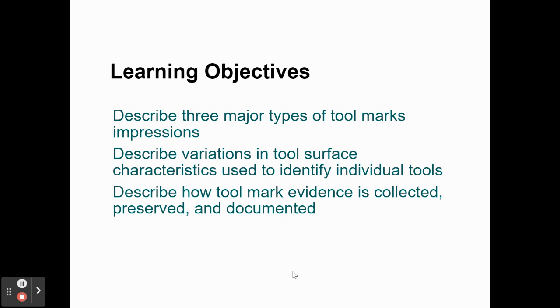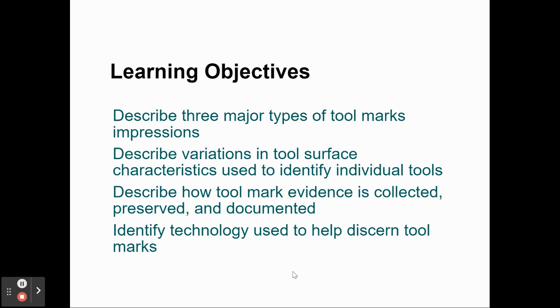Again, what you're going to find is that there is a lot of overlap in terms of collection and preservation and documentation with regard to tool mark evidence and any of the other evidence that we've discussed up to this point in time as well. A lot of similar types of tactics. The different types of technology that's being developed today are very, very useful.